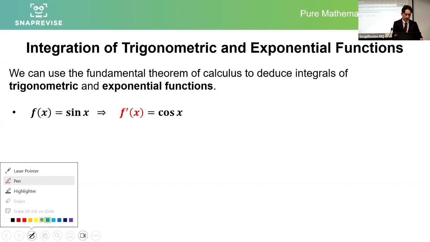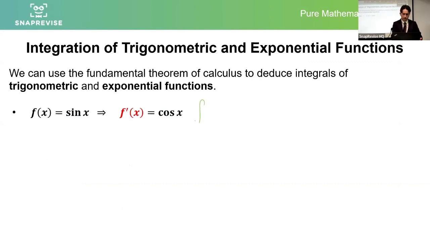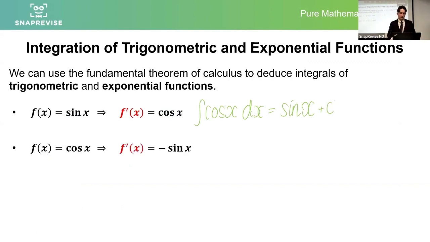So off the back of that, we know the integral of cos x is, of course, sine x plus c. Now, the derivative of cos is minus sine, so we have to be careful here. The integral of positive sine will therefore be minus cos. Okay?